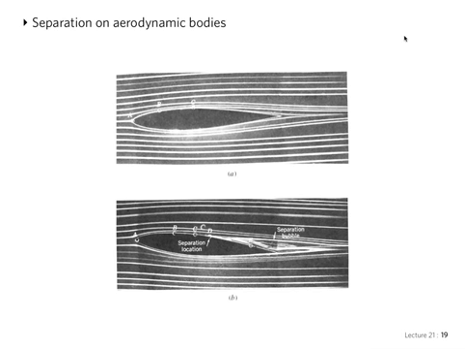I just want to show you the case of aerodynamic bodies in which you have a similar situation to the cylinder we were talking about, but normally if the angle of attack is small, the particles of fluid are actually able to go all the way to the trailing edge without separation.